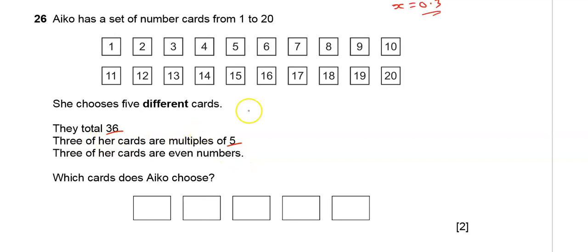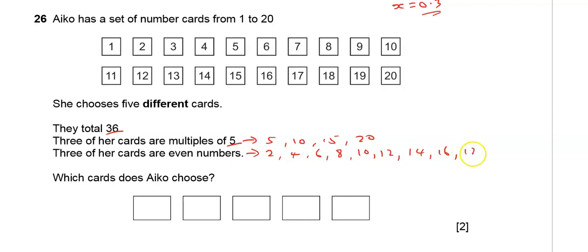So multiples of 5 in these cards are 5, 10, 15, and 20. And 3 of our cards are even numbers. Even numbers are 2, 4, 6, 8, 10, 12, 14, 16, 18, and 20.